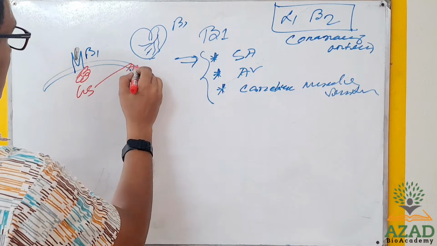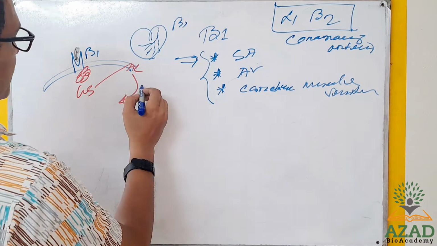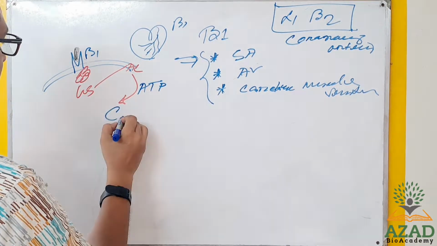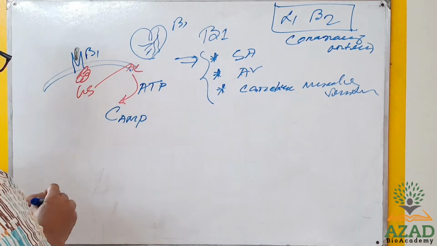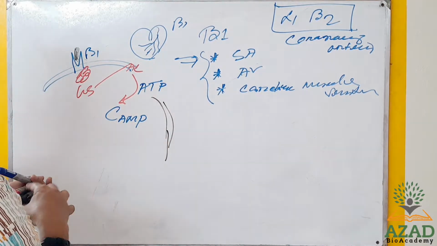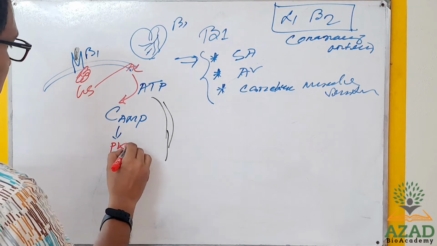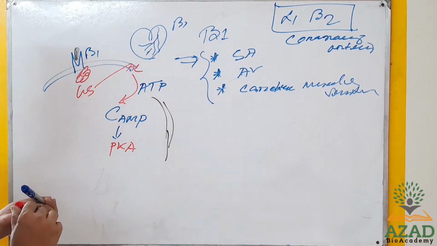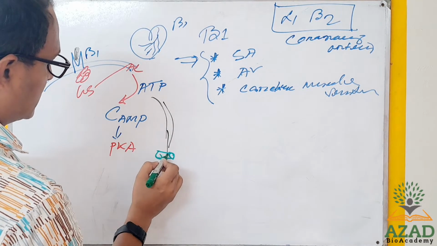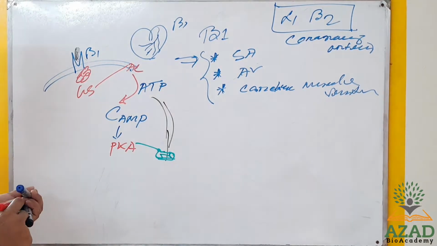Gs will activate the adenyl cyclase, and then adenyl cyclase will convert ATP into cyclic AMP. Then that cyclic AMP will activate protein kinase A, and that protein kinase A will activate a channel which is present in the cardiac muscle membrane. Okay, and then what will happen?